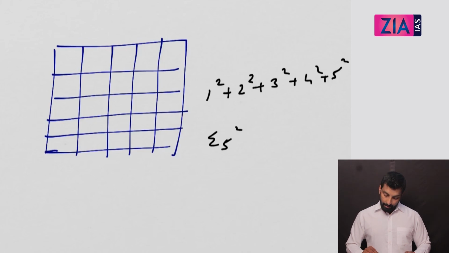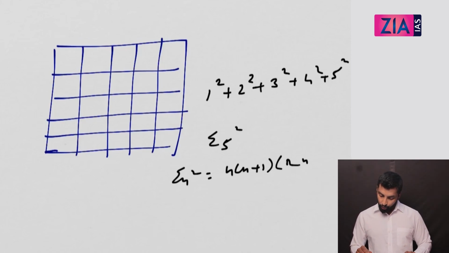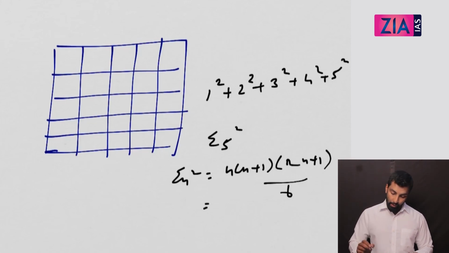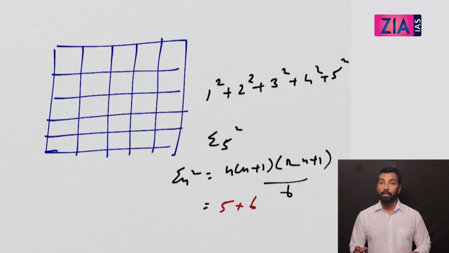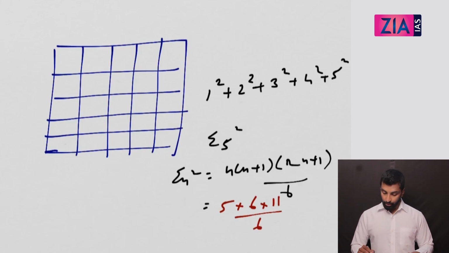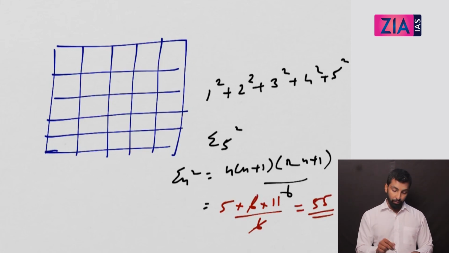You know the formula. Sigma n square is equal to n into n plus 1 into 2n plus 1 divided by 6. What is your answer? You substitute n is equal to 5. 5 into n plus 1 is 6, 2n plus 1 means 11, divided by 6. So this 6 and this 6 are getting cancelled out. So your answer is 55. So 55 squares will be there in a 5 into 5 square.